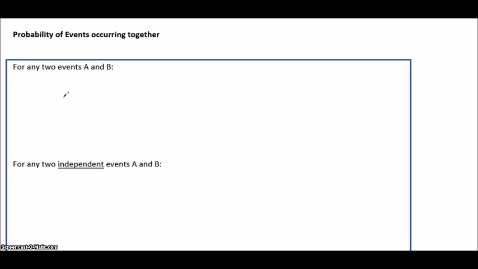So now we can move on to really summarize what the learning target for this particular lesson was. Remember, we're trying to figure the probability of two events occurring together, the probability of A and B, or we can think of this as the probability of A intersect B. Same thing. Now we have the tools we need. For any two events, A and B, the probability of A and B occurring, think of the tree diagram.